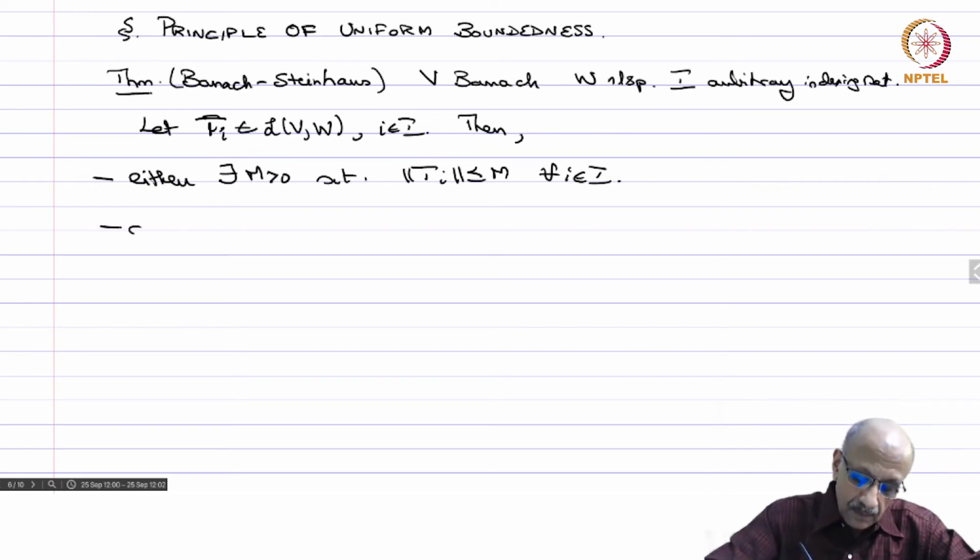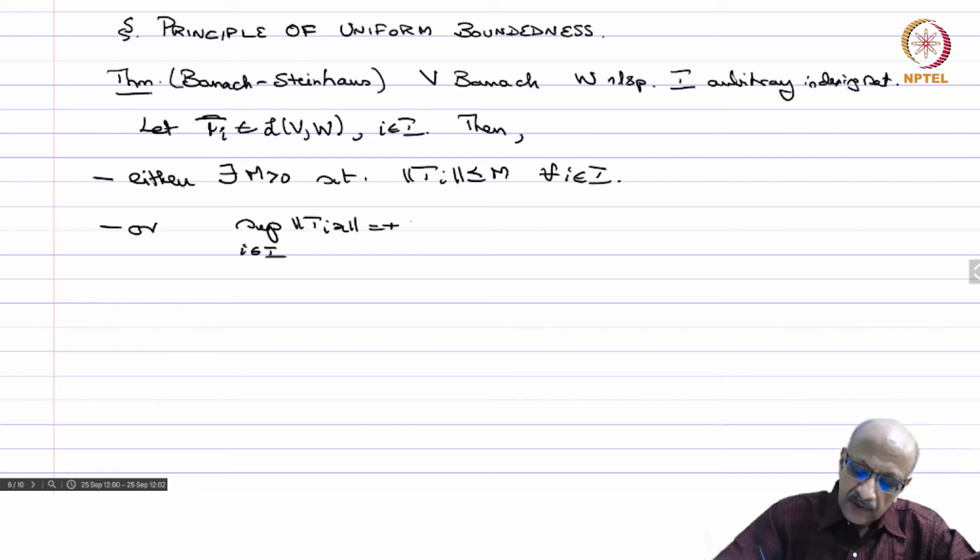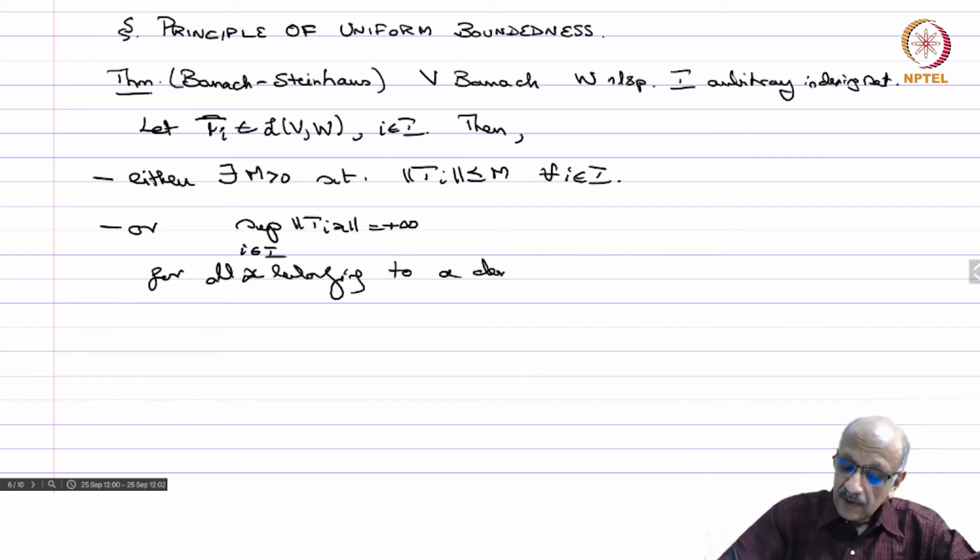Or sup over i in I of norm Ti of x equals plus infinity for all x belonging to a dense G delta set.